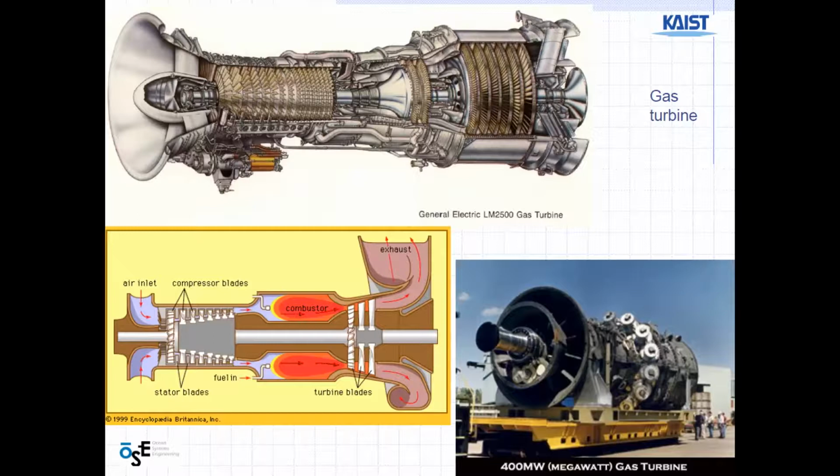First of all, air inlet: air enters the chamber and is compressed by the blades, and air and fuel mixture are exploded in the combustion chamber, rotating the turbine blade, and the electric generator system generates the electricity.